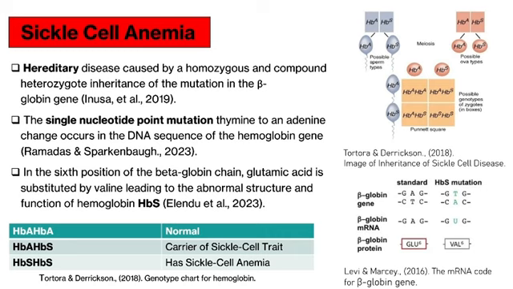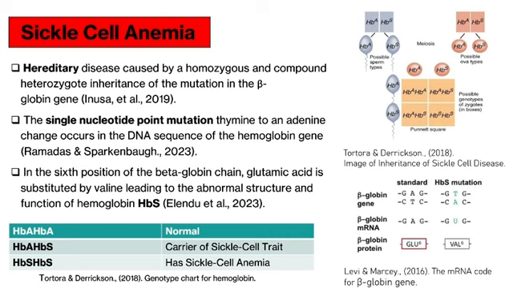Because of this small change, it significantly alters the structure and function of hemoglobin, leading to the production of abnormal hemoglobin HbS instead of normal hemoglobin HbA. So if someone is HbA/HbA, they are normal, healthy, and they do not carry the sickle cell trait. But if someone is HbA/HbS, they are considered heterozygous and they do have the sickle cell trait.